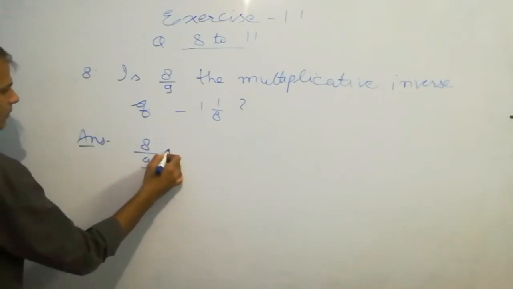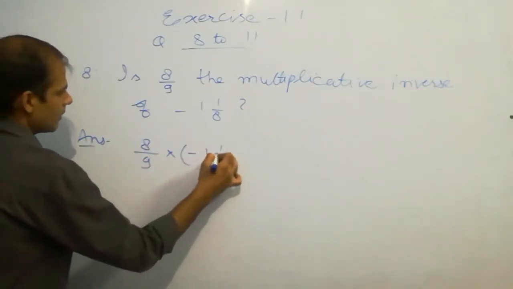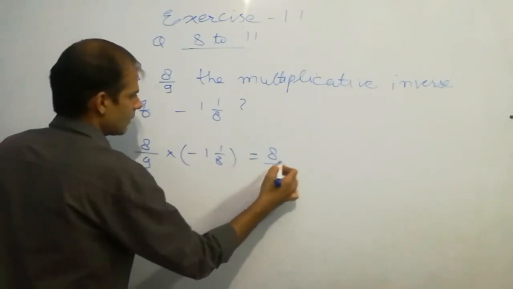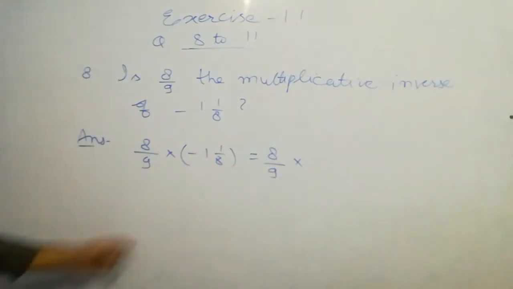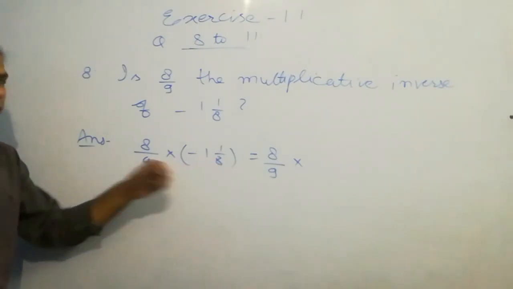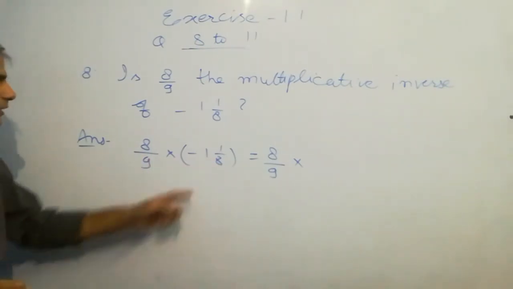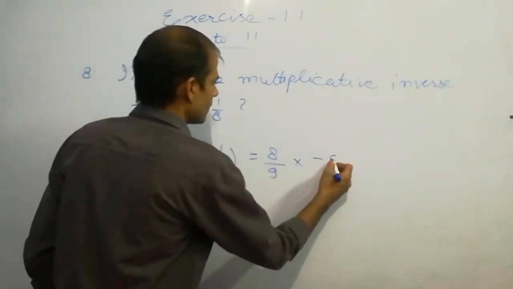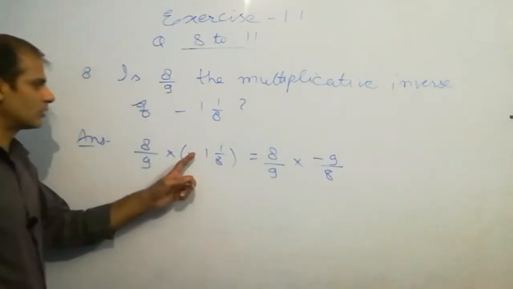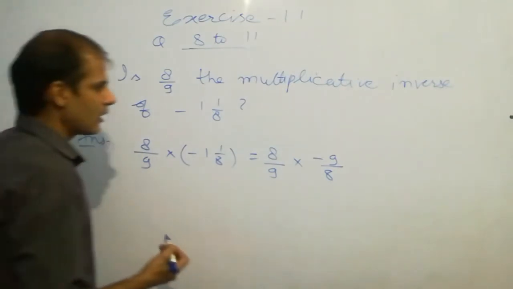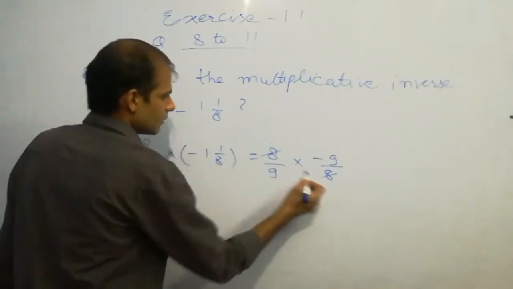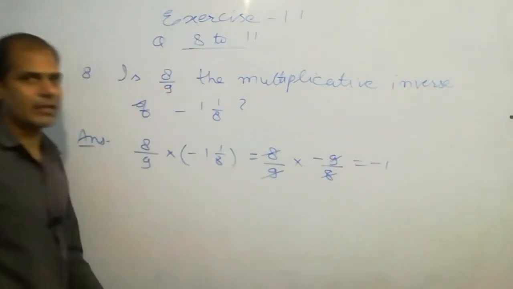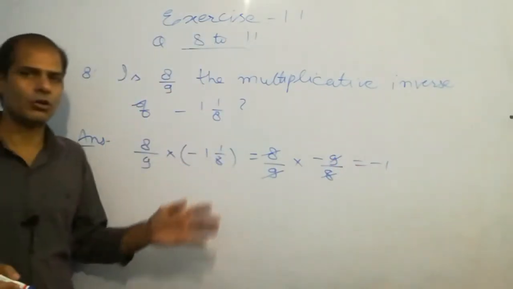8 upon 9 multiplied by minus 1 and 1 upon 8. This is a mixed fraction, so we will convert it into a simple fraction: 8 times 1 is 8, and 8 plus 1 is 9, so it is minus 9 upon 8 because the minus sign is already there. Now you can see that 8 can be cancelled, 9 can be cancelled, and the answer is minus 1, but it should be 1 only.